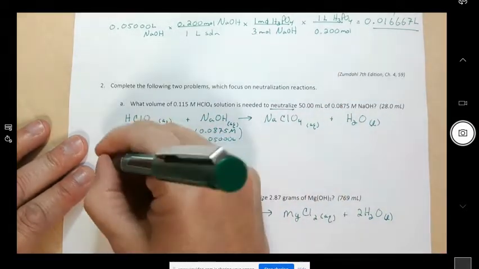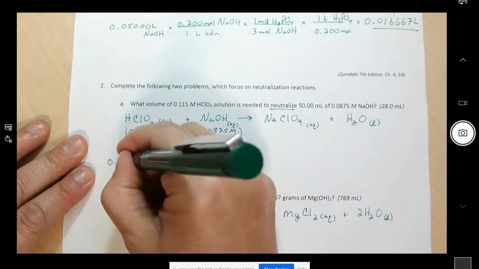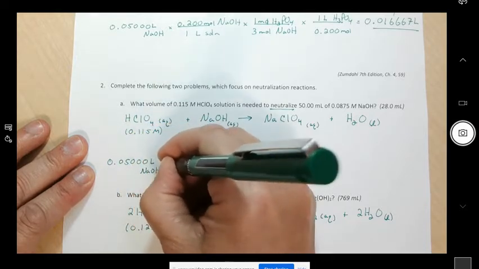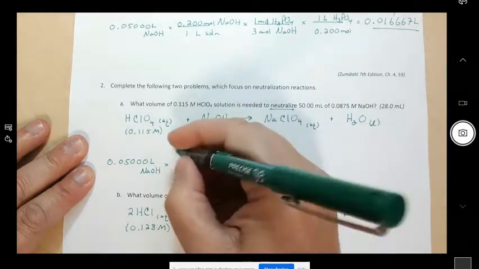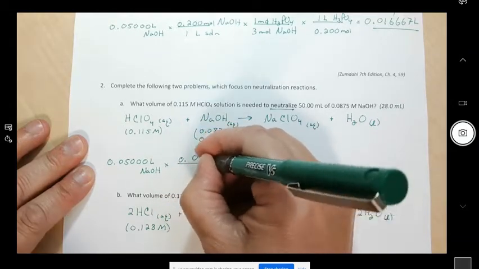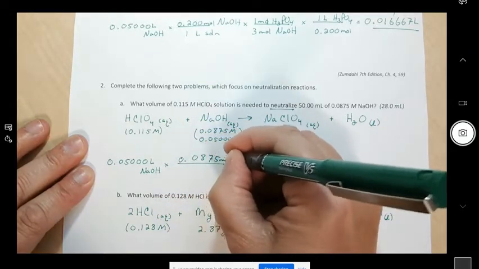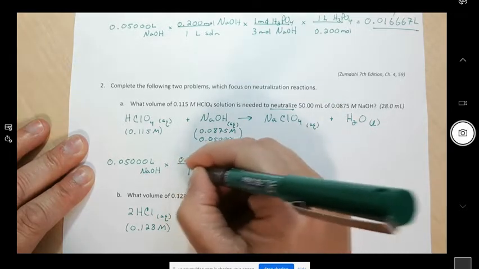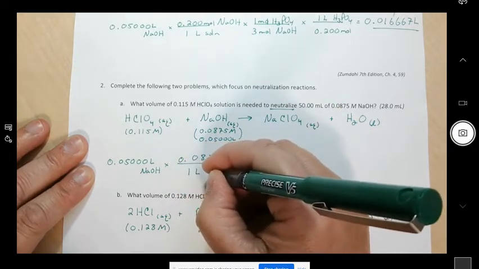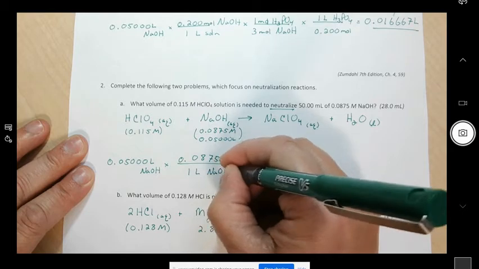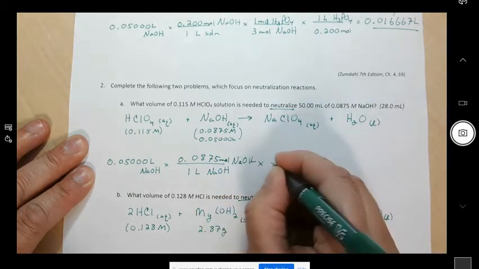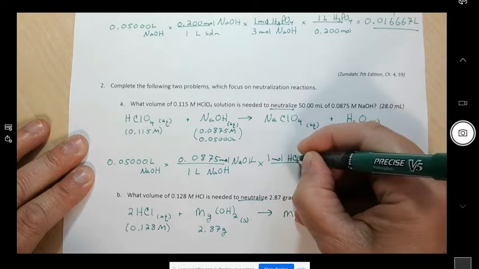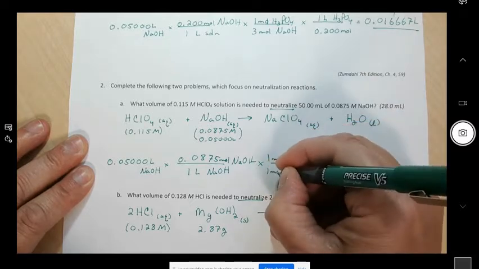We're going to start with my sodium hydroxide, 0.05000 liters of NaOH. And the concentration gives me 0.0875 moles of NaOH for every 1 liter of NaOH solution. The mole ratio here is actually 1-to-1. So we have 1 mole of HClO4 for every 1 mole of NaOH.